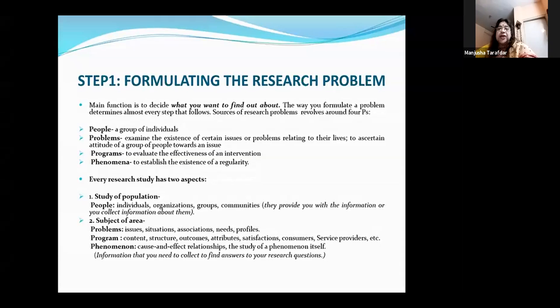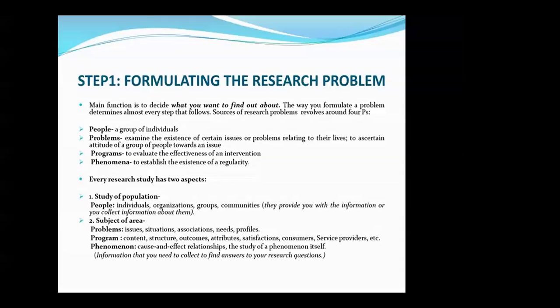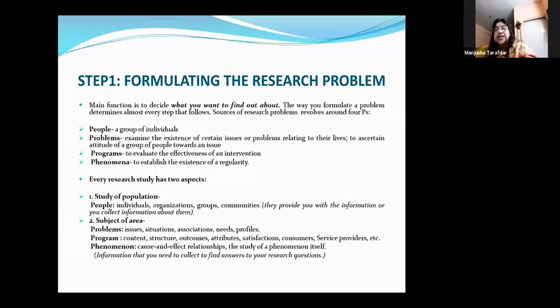They provide you with the information, or you collect information about them from them. Then subject of area: problems, issues, situations, associations, needs, profiles, from where you are trying to collect information. First is problem, then program, that means content. What should be the content of your research?